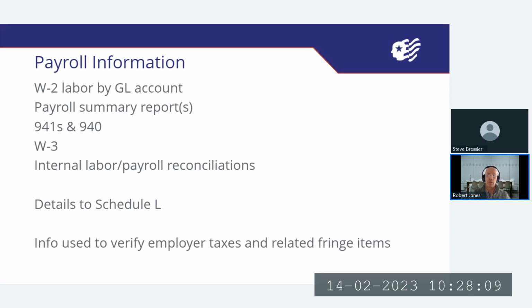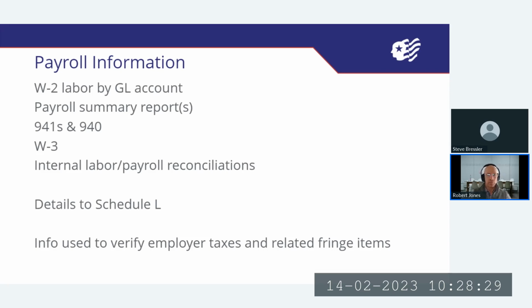We want to see your payroll. So in addition to the W-2 labor that's going to come through the GL accounts, we want to get a copy of your payroll summary report, that year-end report that shows total dollars by employee, by pay type across the board. It makes reconciliation a lot easier.